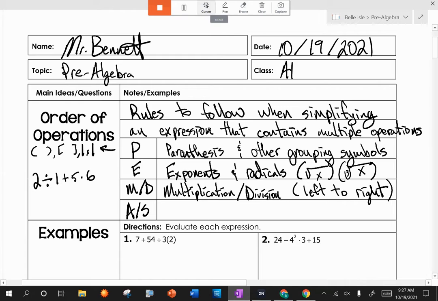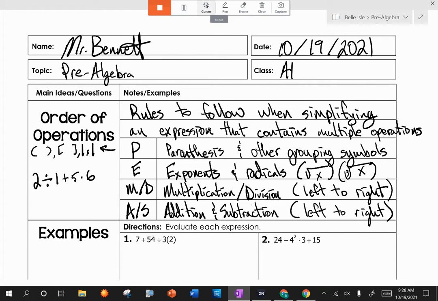Addition and subtraction for the next one, correct? Okay. What do we think is important to remember about that? Perfect. You also do them left to right. Okay. So you don't worry about doing addition before you do subtraction. You do left to right with those operations.